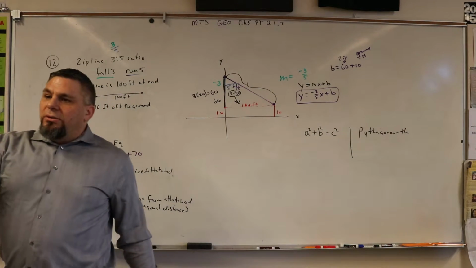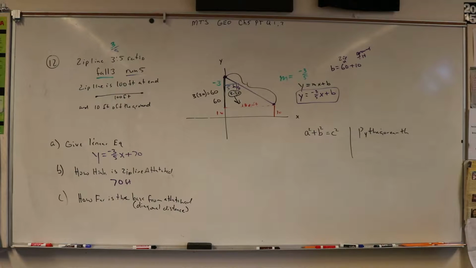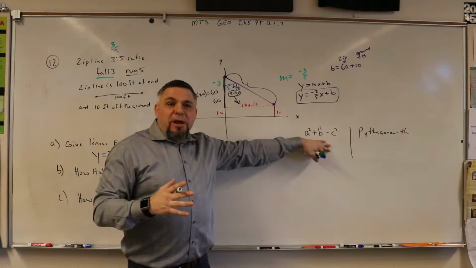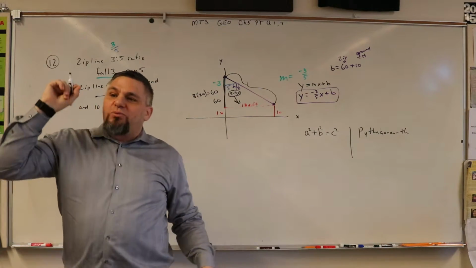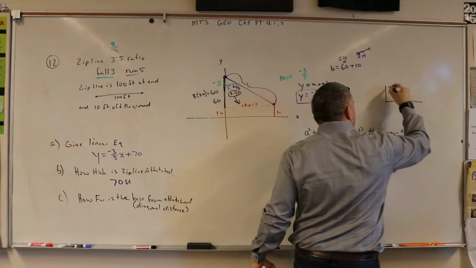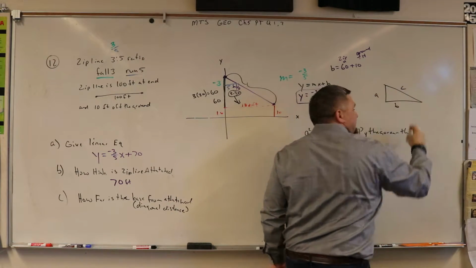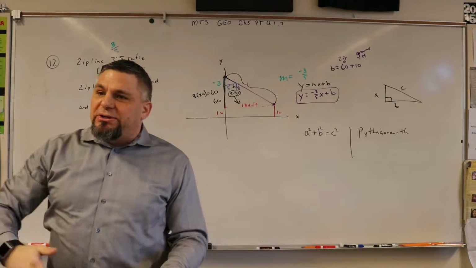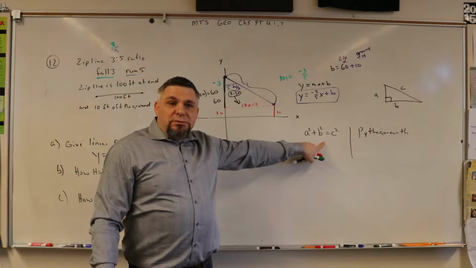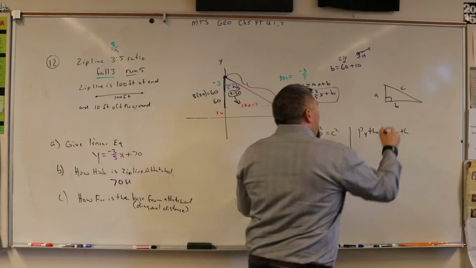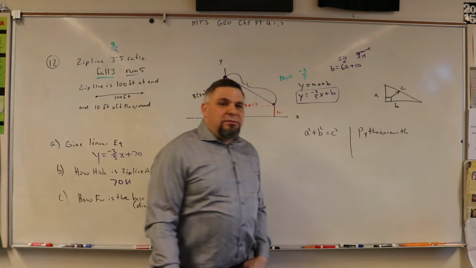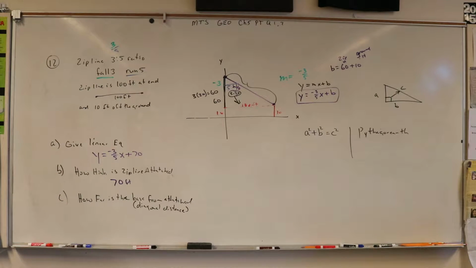Remember, this is every right triangle, A, B, and C. In every right triangle we have the a squared plus b squared equals c squared rule, and C is always across from the right angle. Stay focused. Come on.